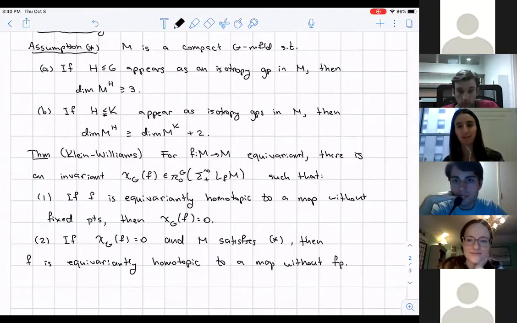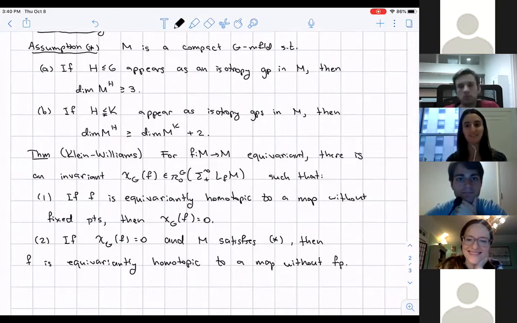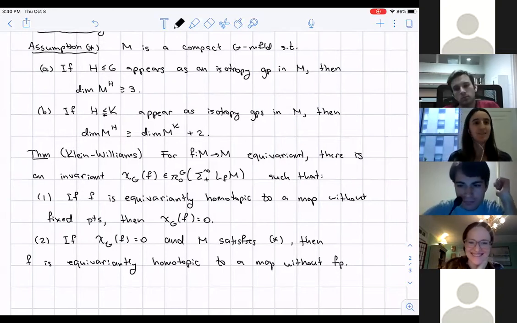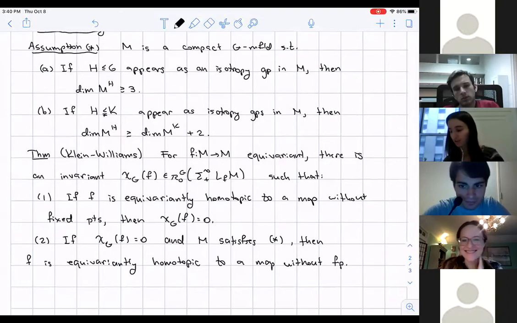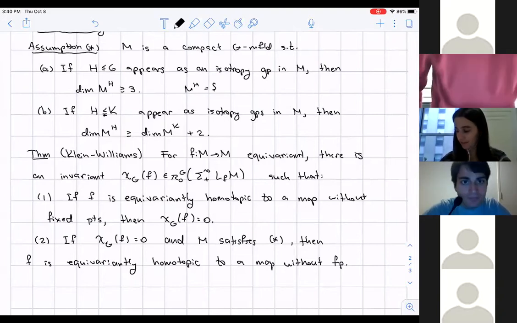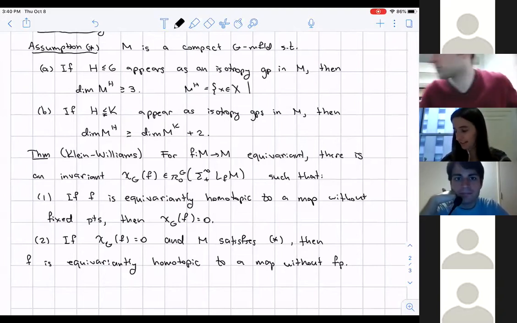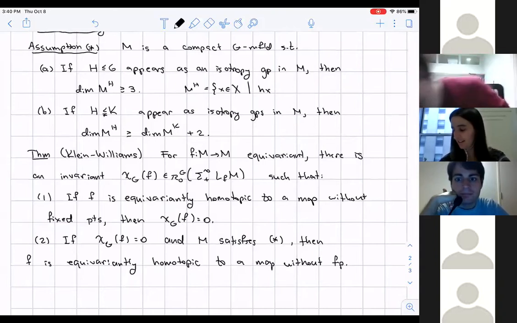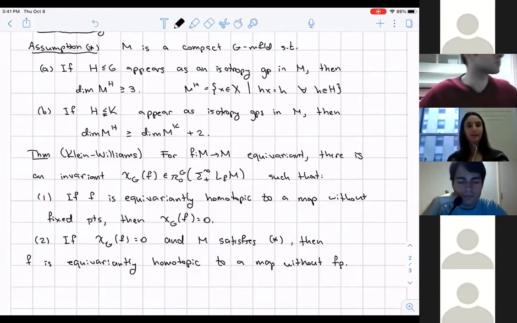You don't really want to think about it, and so they really just don't have to deal with it at all. It's one of my favorite tricks, replacing transversality assumptions by Poincare duality. So it's a great thing. And yes, M^H, those are the points that are fixed, all the x's that are fixed by every element of H.